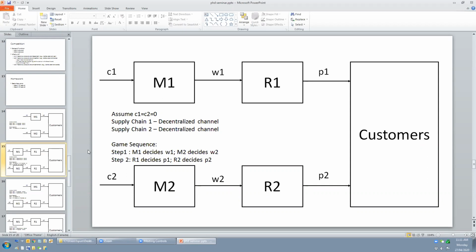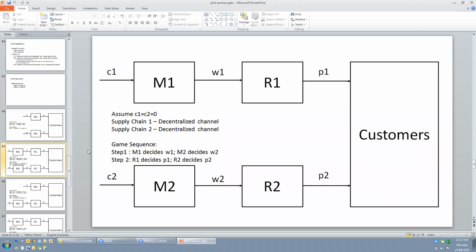Let's say the production costs are 0. So C1 equals C2 equals 0. So the game sequence that we have is that in the early stage, manufacturer 1 decides on W1 and manufacturer 2 decides on W2 simultaneously.